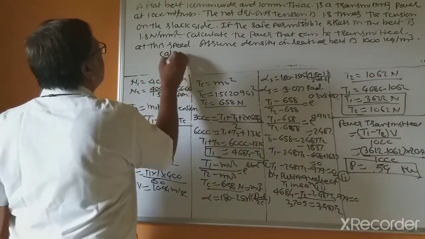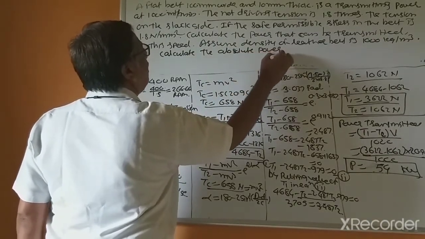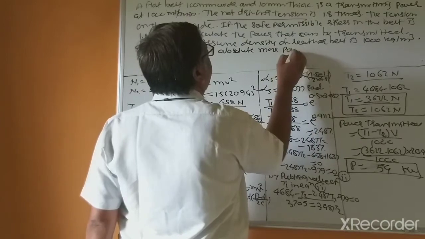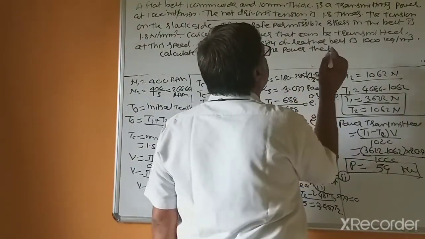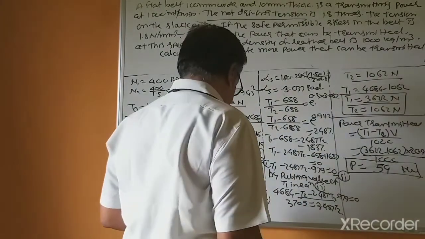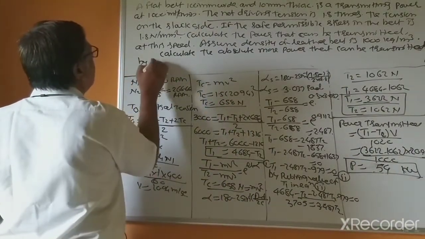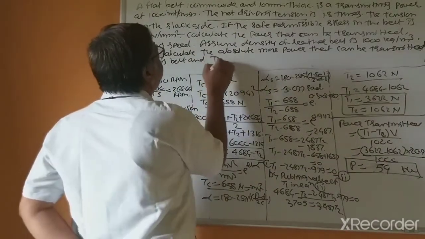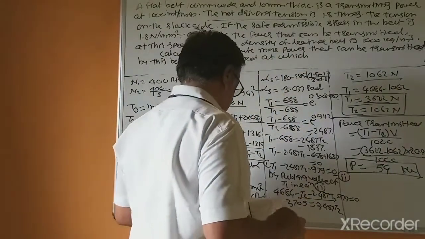Calculate the absolute maximum power, meaning we have to calculate the maximum power that can be transmitted by this belt and the speed at which this can be transmitted.